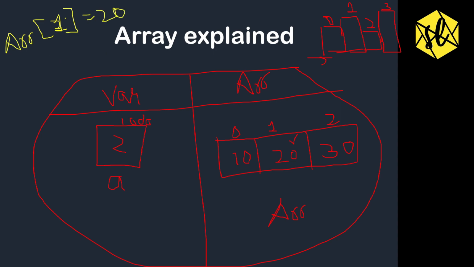This is what array indexing means. Array indexing is basically numbering the array to access each variable, or you can say to access each value in our array. And what about memory location?